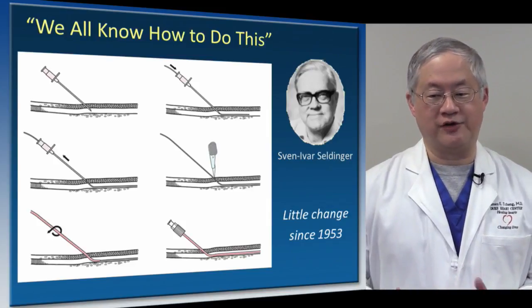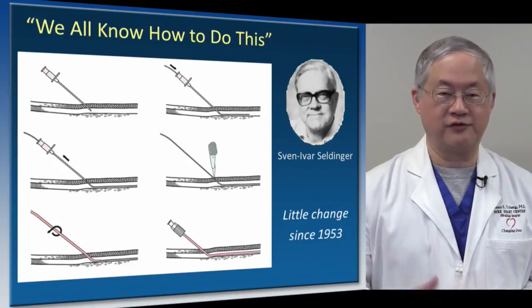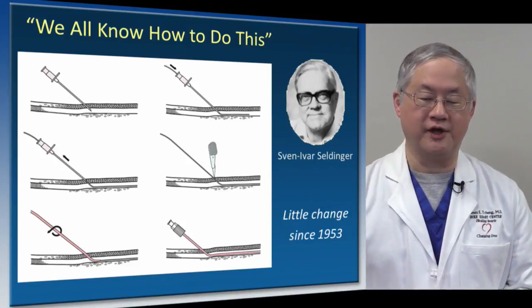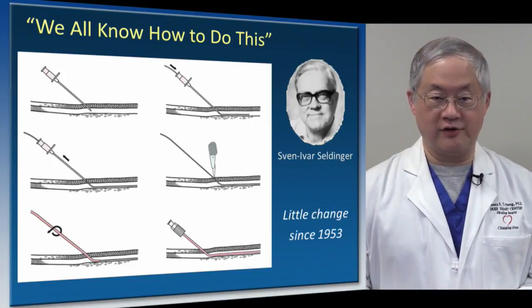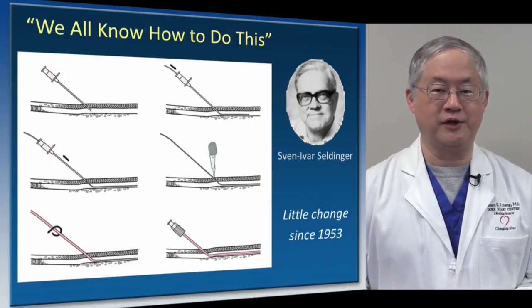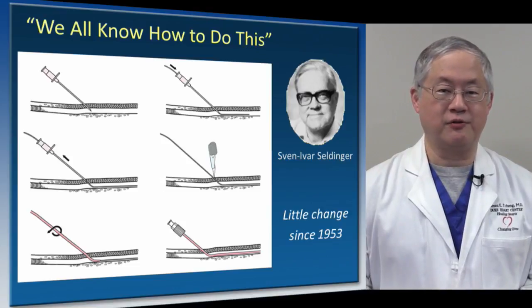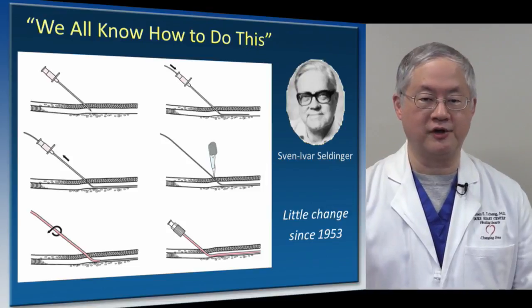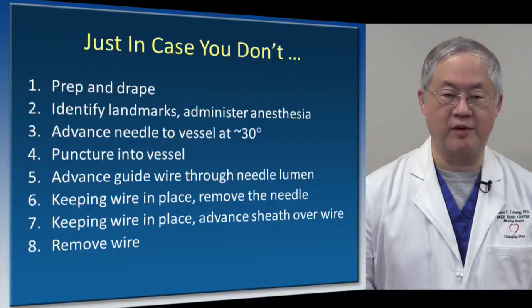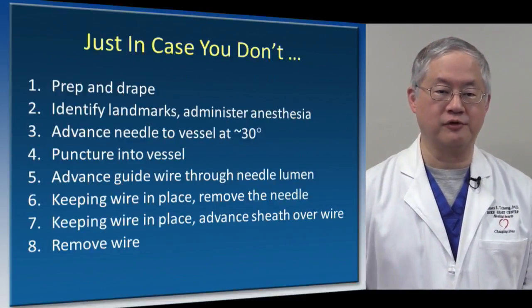But I'd like to suggest to you that even though this is a technique that's been around since 1953, invented by Dr. Seldinger, there actually is a bit of information that would help you become much better in terms of this particular procedure, particularly with the femoral vascular access approach.